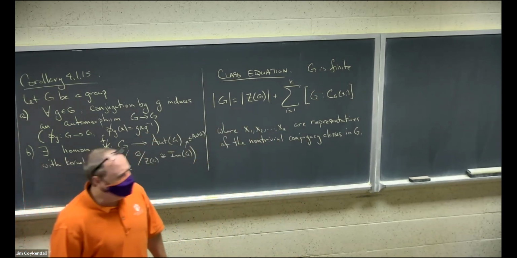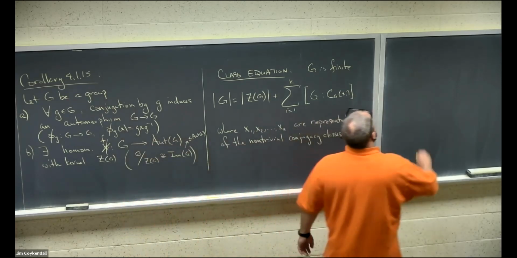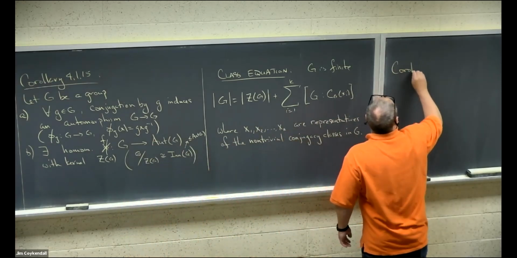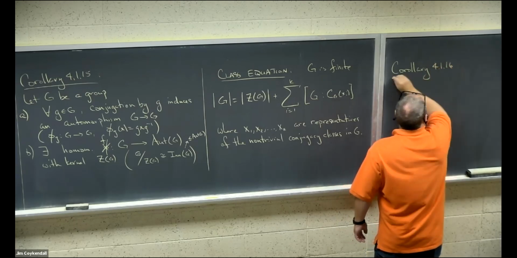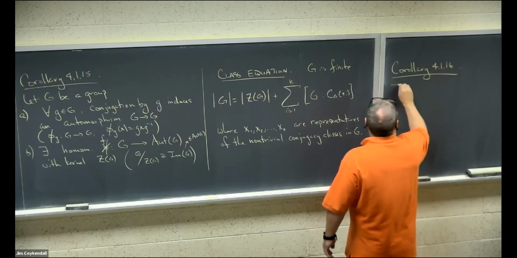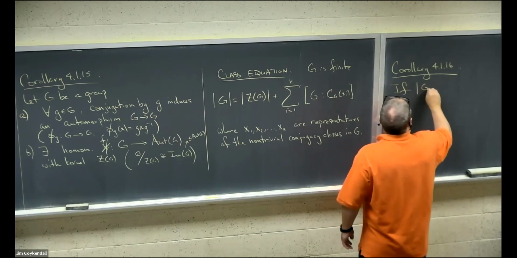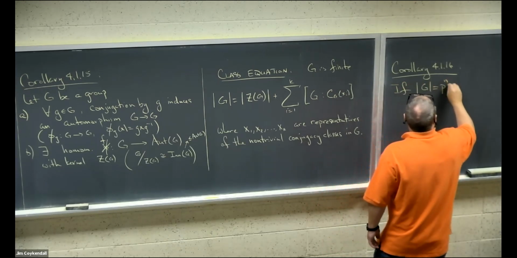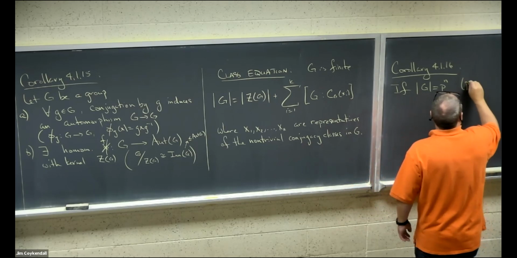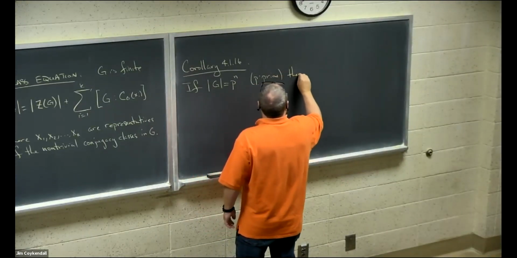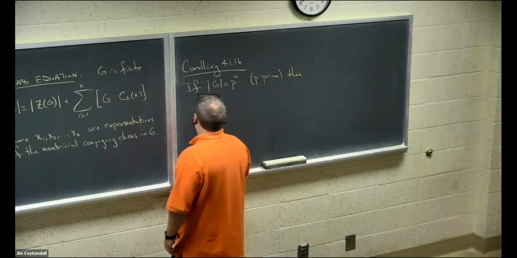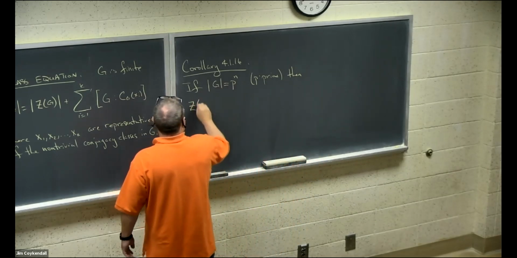Let me give you an incredibly important corollary. If the order of G is prime to the n, then the center of G is bigger than the identity.